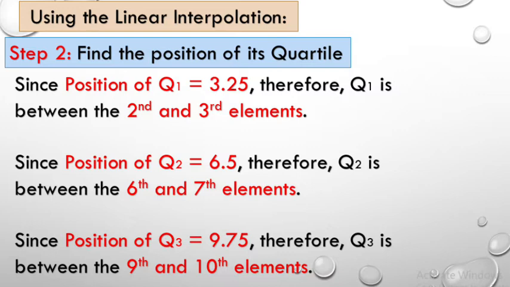Our second quartile is 6.5. So, ang gagamitin nating elements ay between 6th and 7th elements. And since position of quartile 3 is 9.75, therefore quartile 3 is between the 9th and 10th elements.